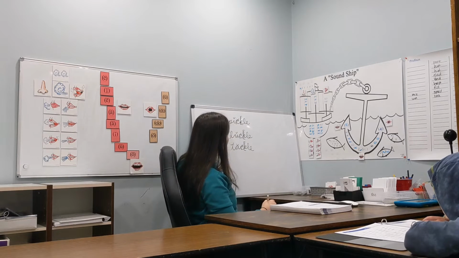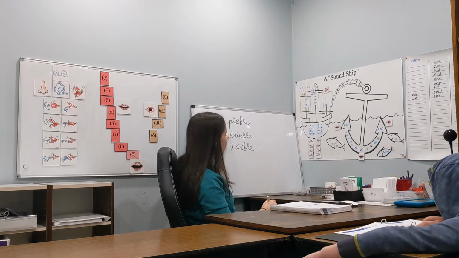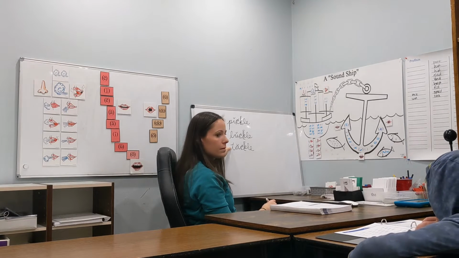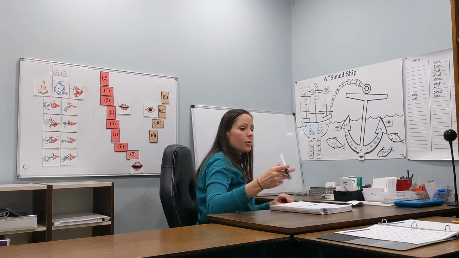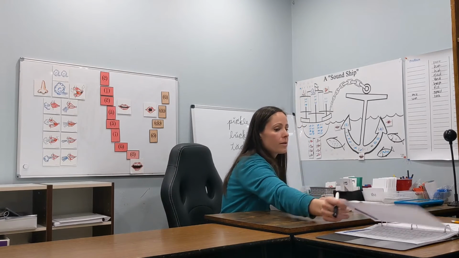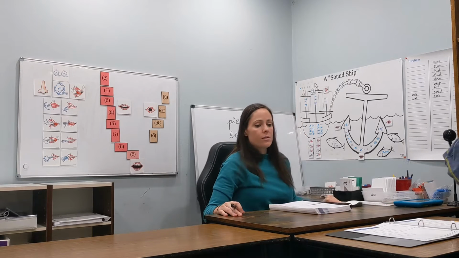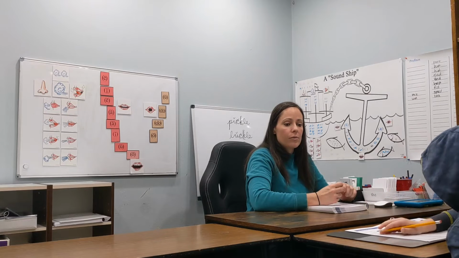Okay, so this word would be pickle, buckle, tackle. That's right. Pickle, buckle, tackle. Okay, so open up here to the next page and we're going to practice coding these together. So pick up your pencil and I want you to code line 1 and then we're going to read line 1.